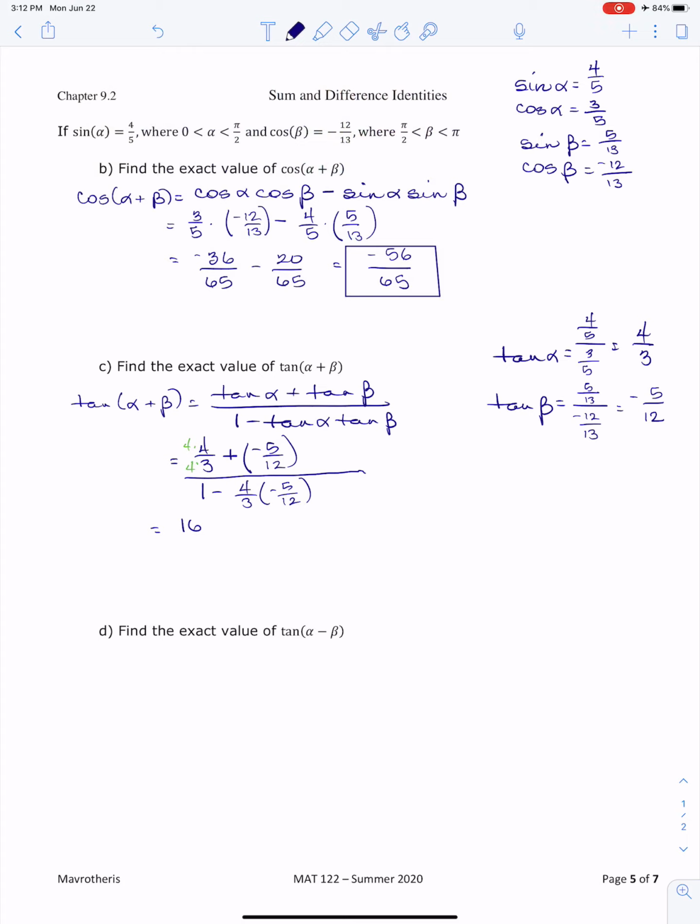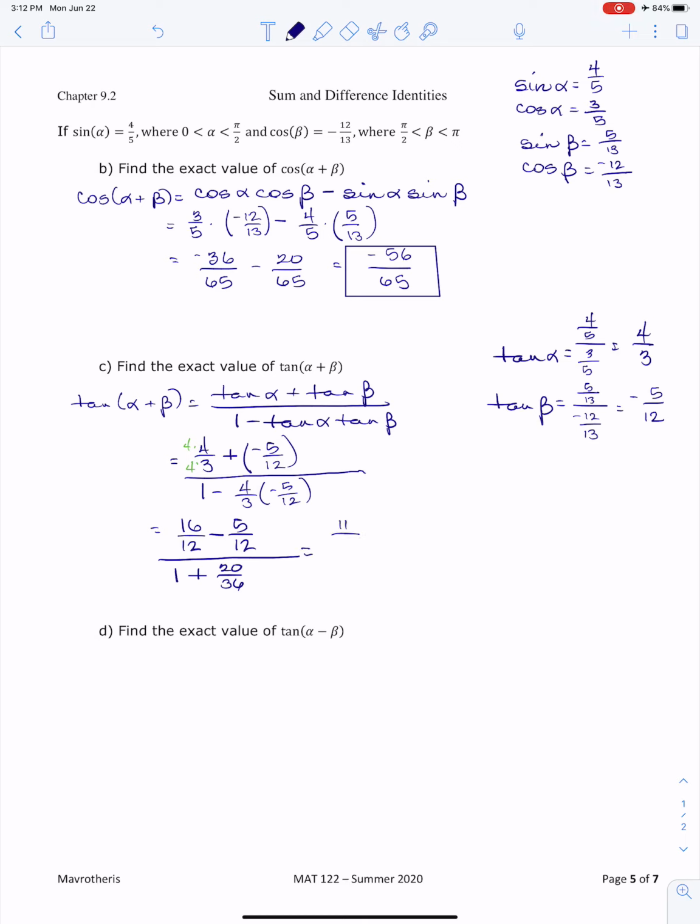And I got 16/12 minus 5/12, all over 1 plus 20/36. 4 times 5 is 20, 3 times 12, 36.